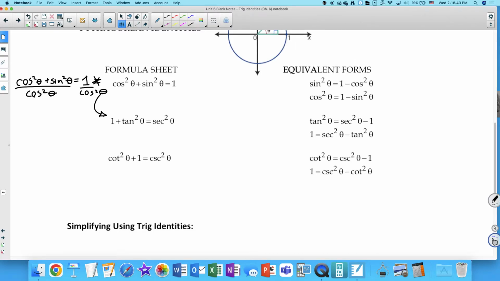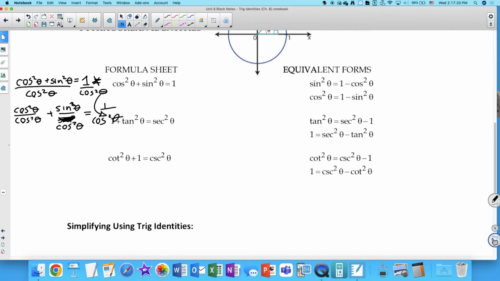Now, if I split this up into the sum of two fractions, I will get cos squared theta over cos squared theta plus sine squared theta over cos squared theta, equals 1 over cos squared theta. Okay, so if I simplify a little bit, this is what I get.